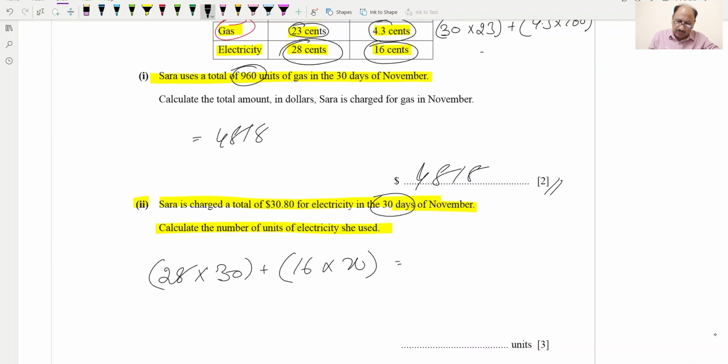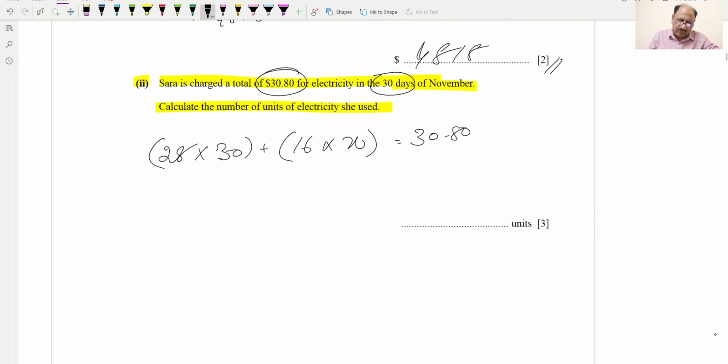The total amount she has paid is $30.80. Now we can find the value of x. First we will shift this to the other side, so 16x is equal to 30.80 minus 28 into 30.